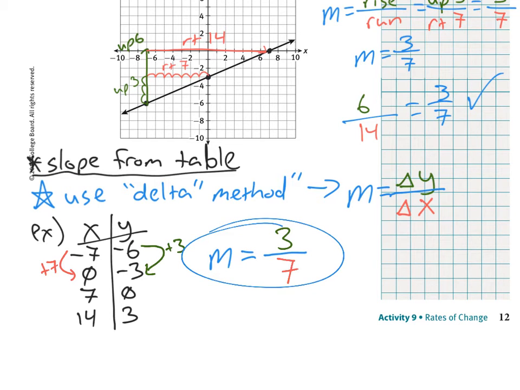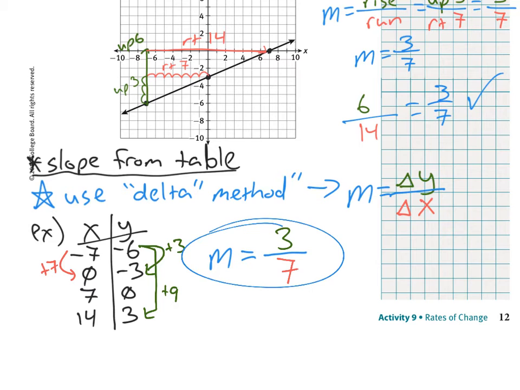Okay? Hey, will that work anywhere on the table? Sure will. If I erase the two middle parts, I only have these two coordinates, -6 and maybe +3. How do I get from -6 to +3? I would have to add 9.